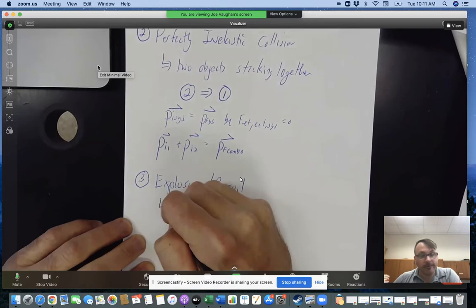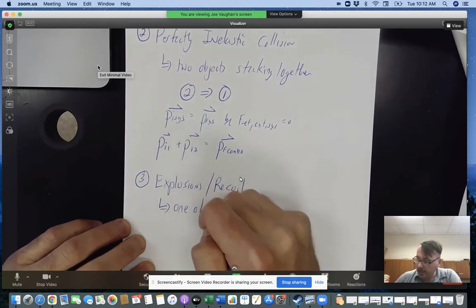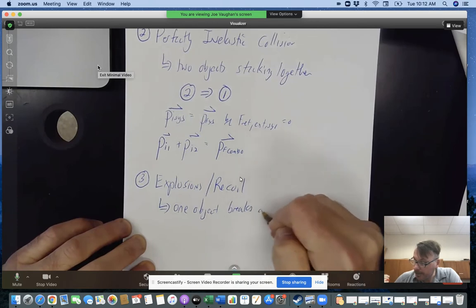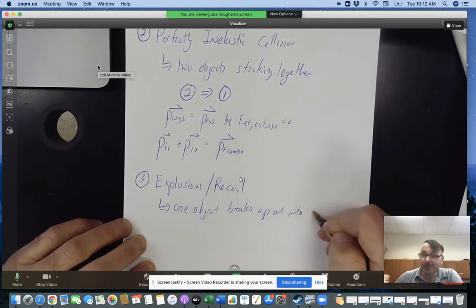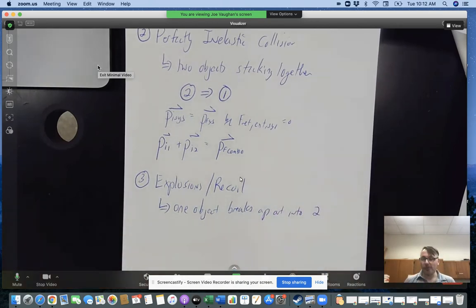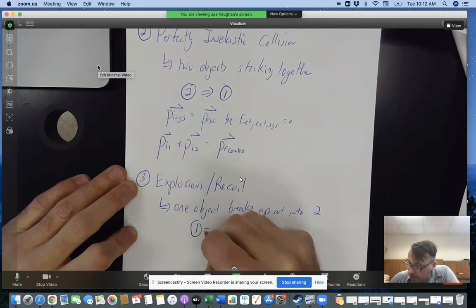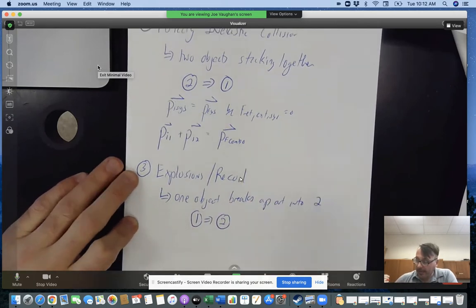And here we have one object that breaks apart into two. Now, it doesn't only have to be two, once again. It could be multiple objects, but we're constraining our conversation to make it easier. So we have one object before, two objects after. And so what does that look like?